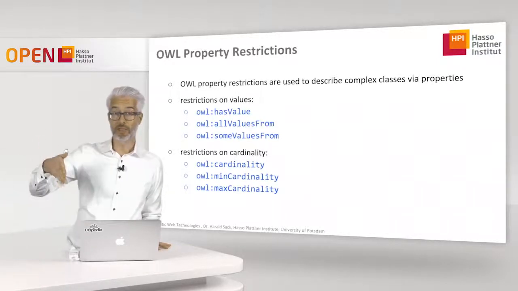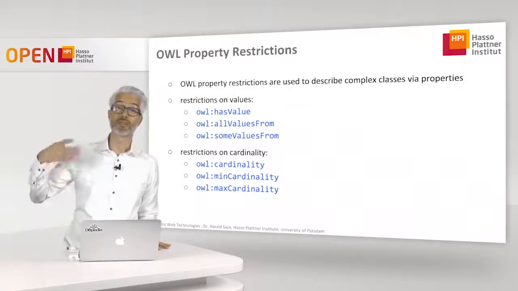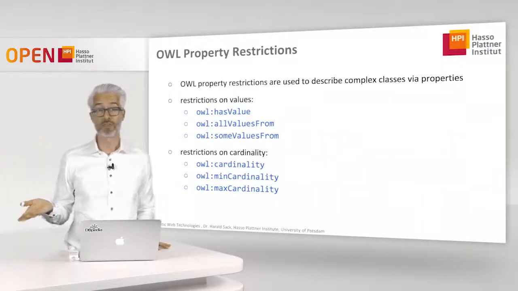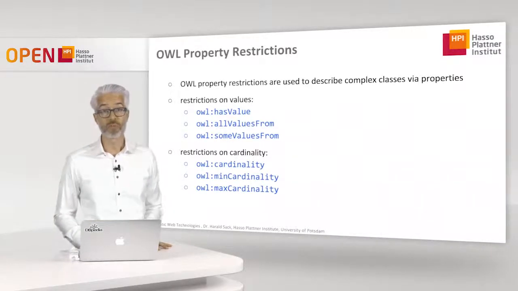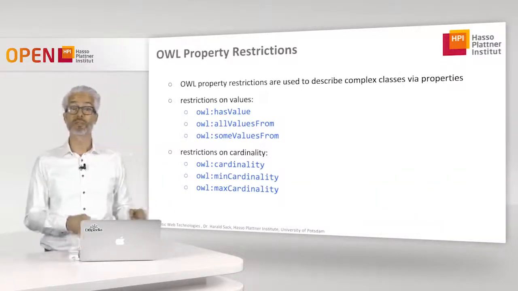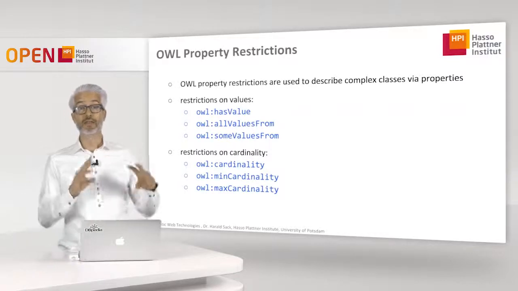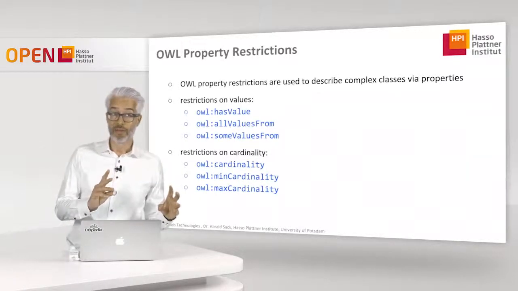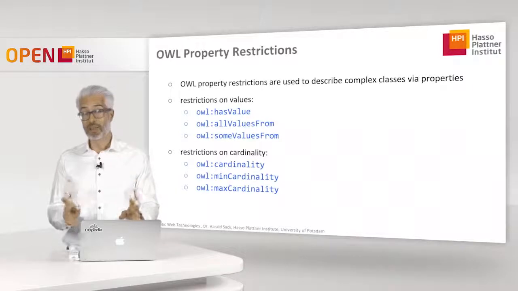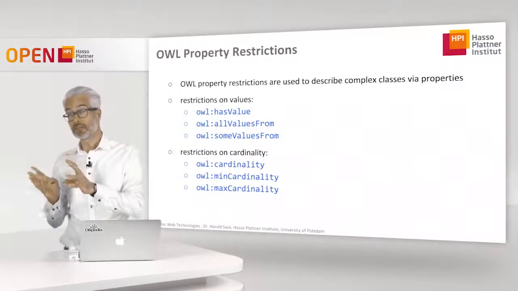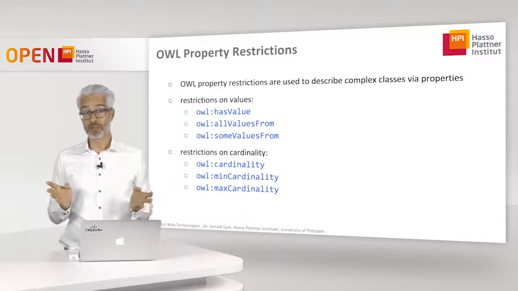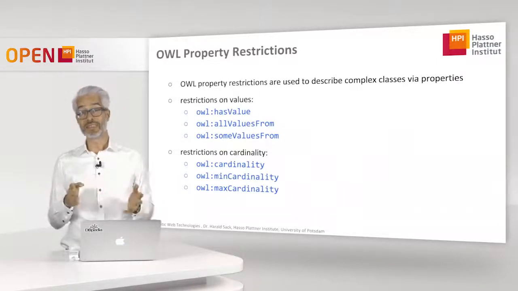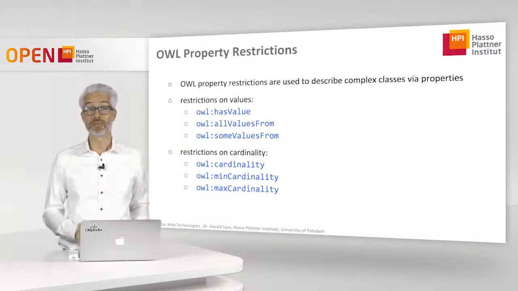You remember loose binding or fixed binding, which means existential or universal quantification. This is achieved by OWL all values from and OWL some values from, and in addition to that I can also define a class by fixing the range or the value of a property to a specific individual or to a specific data value. And this I can do with OWL has value.